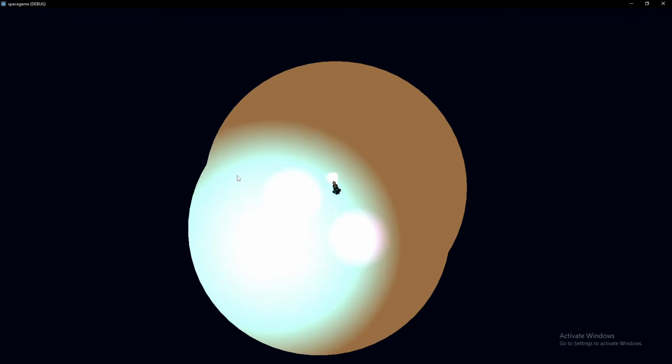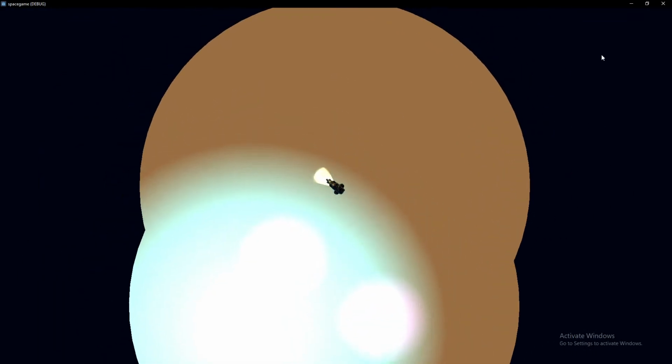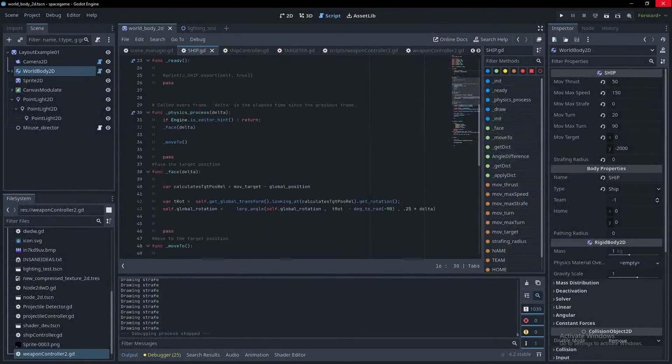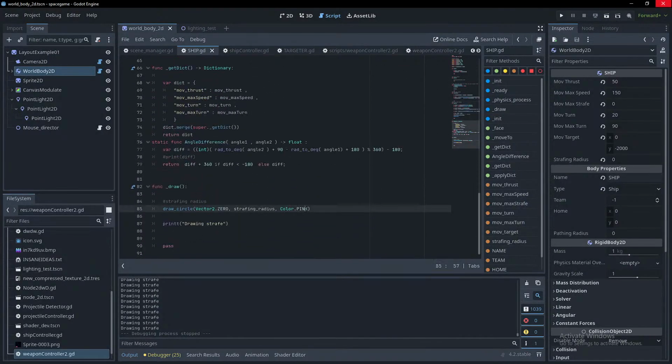Alright, so this is our strafing radius, and we're gonna want it just as an outline, but what we can do is... That just teleports while you collected.